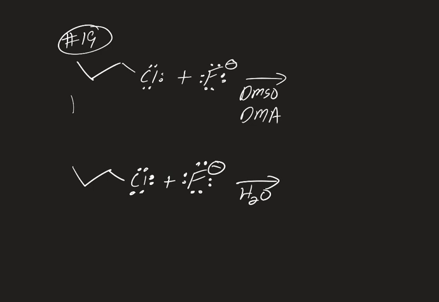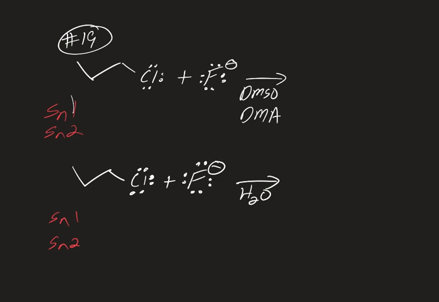So this one, again, now they're kind of asking you to compare rates of reactions and what type of reaction it's going to be. So again, let's go through the process. The first question we ask ourselves, is it SN1 or SN2? And so how do we determine that? We first look at the alkyl halide, the thing with the leaving group. We ask ourselves, is it primary, secondary, tertiary, allylic, or benzylic?